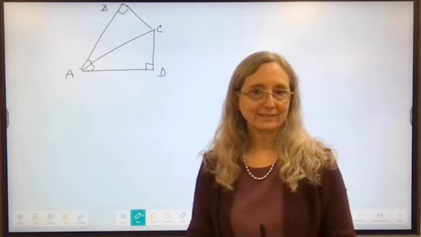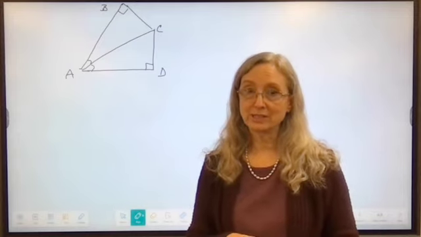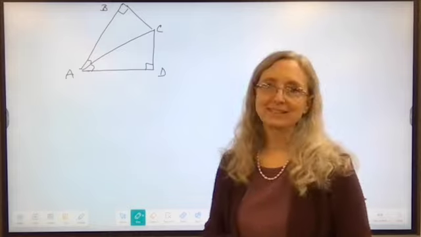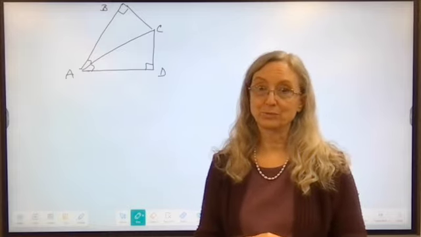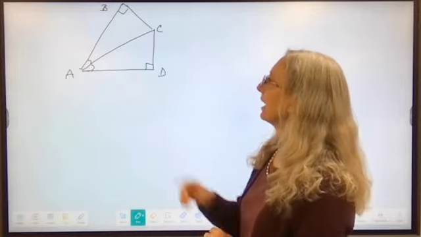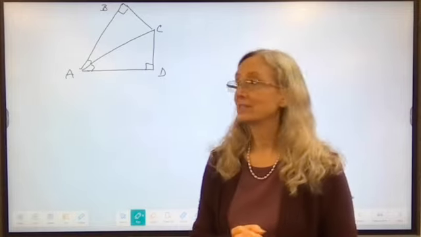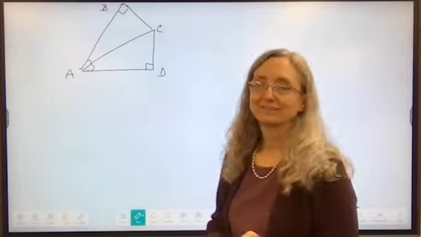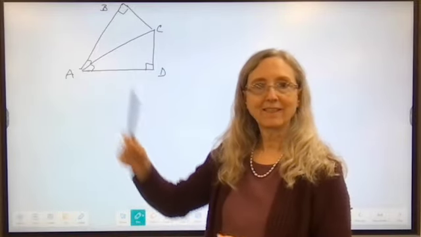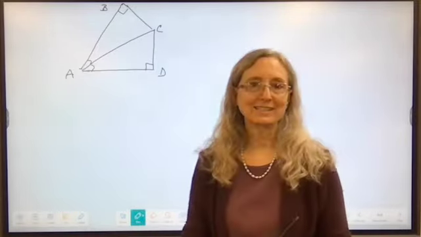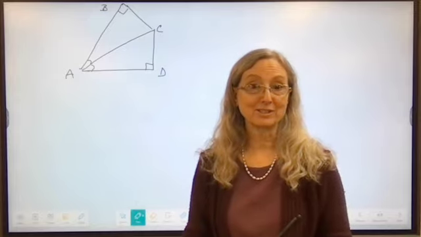If I can, I need to make a congruence statement, and I need to state which theorem I would use. So I have two angles. All I need is a side. Do I have a side? Don't they share AC? And in both triangles, isn't AC the hypotenuse?